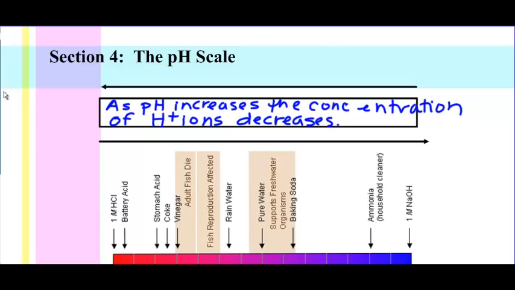And vice versa. Lower pH means more hydrogen ions. Kind of opposite of what you might think. Lower pH is more hydrogen ions.